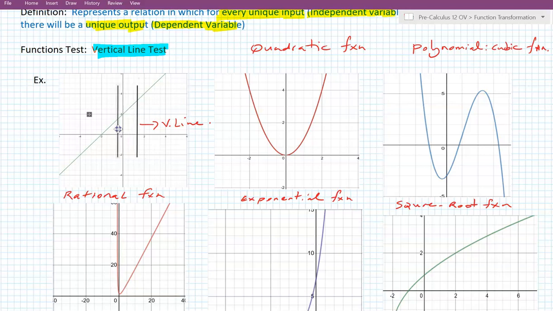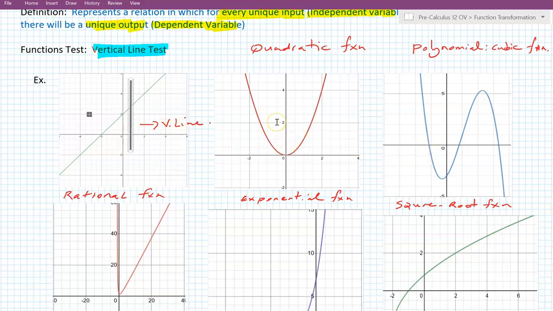Remember, this vertical line goes up and down forever, so it hits the graph at only one point. That means for every unique value of input, there is a unique value of output.